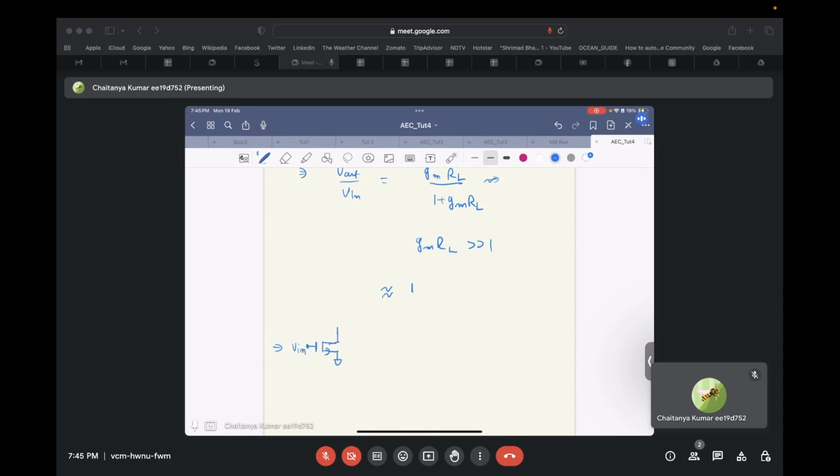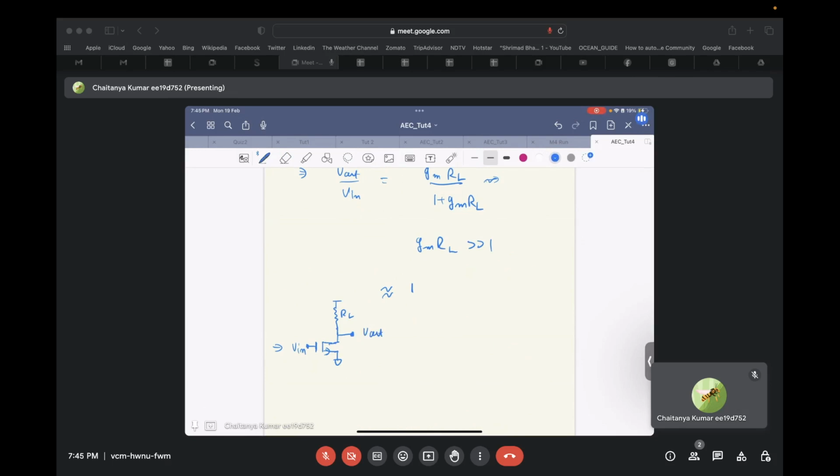We have V in over here, and a load resistance RL connected over here, and we take the output at this node, that is V out.